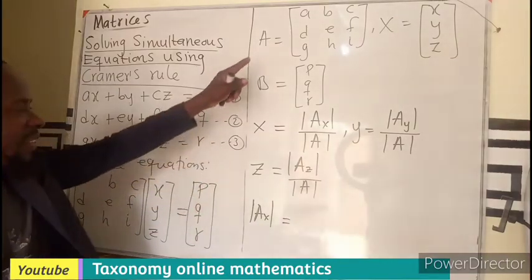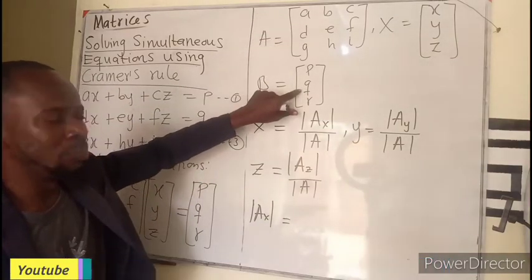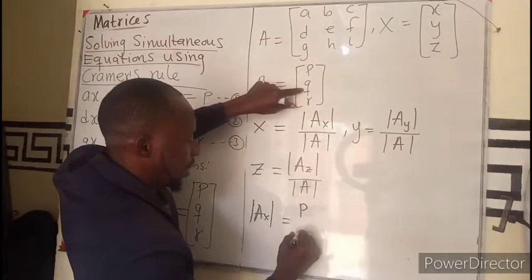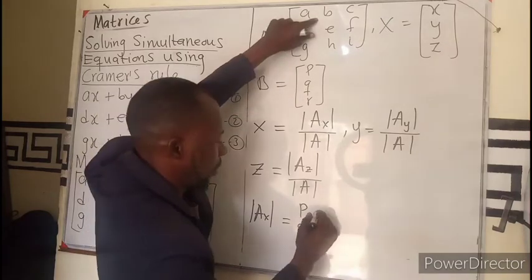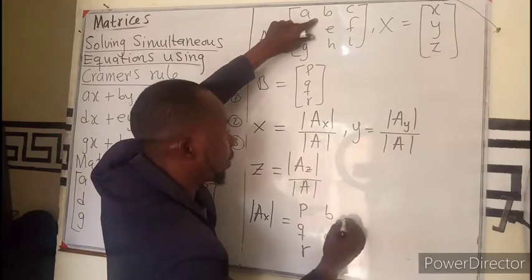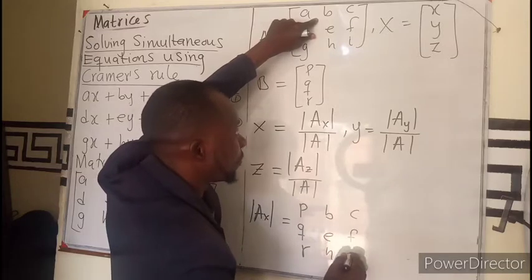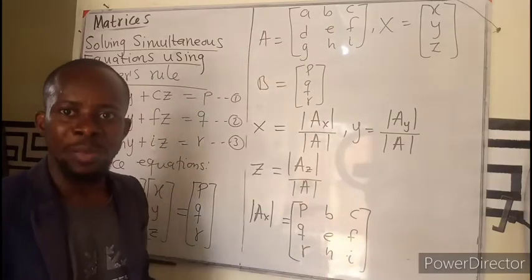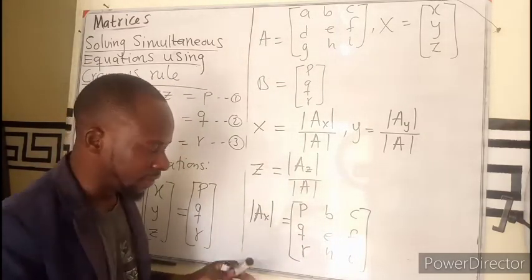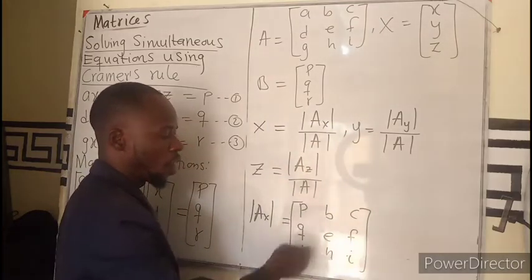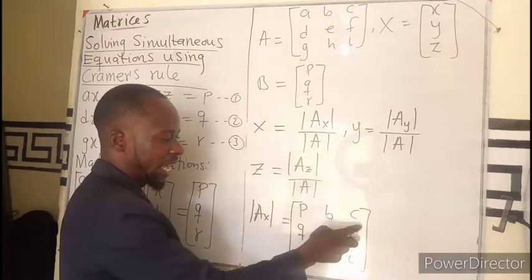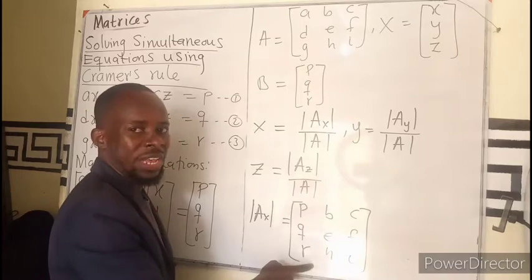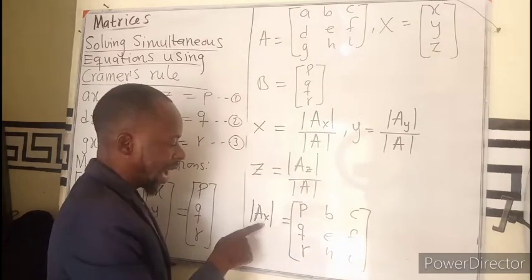I am going to replace the first column by B. When you replace the first column by B, it becomes P, Q, R, B, E, H, C, F, I. So you find the determinant of this. We can go row by row or column by column. If I stand on this, this will multiply this determinant. That is how you get this determinant.